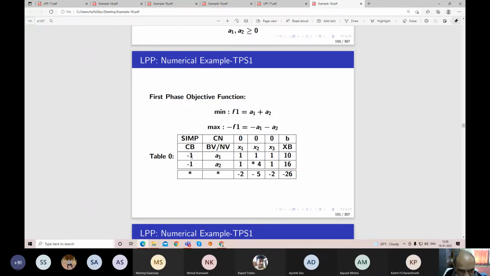Similarly, the inner product of -1, -1 with 1, 4 gives -5, minus 0, that is -5. With 1, 1 again it is -2, minus 0, so -2. Then -1, -1 with 10 and 16 becomes -26. Right?